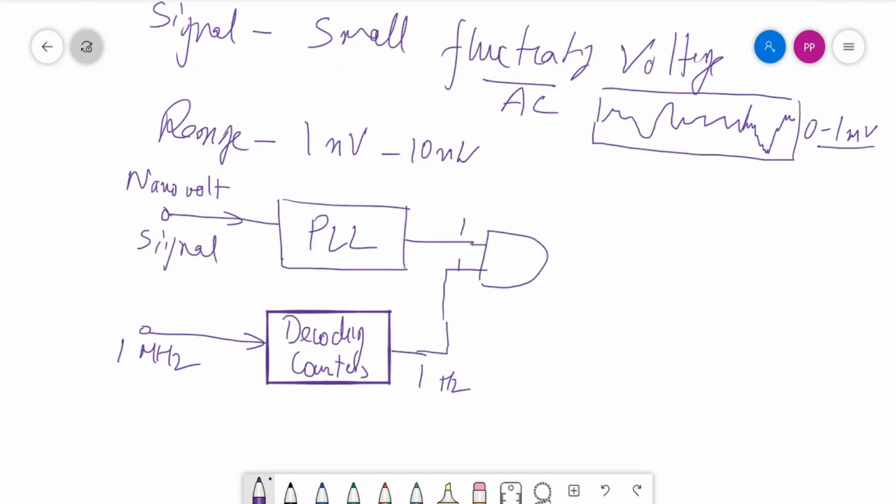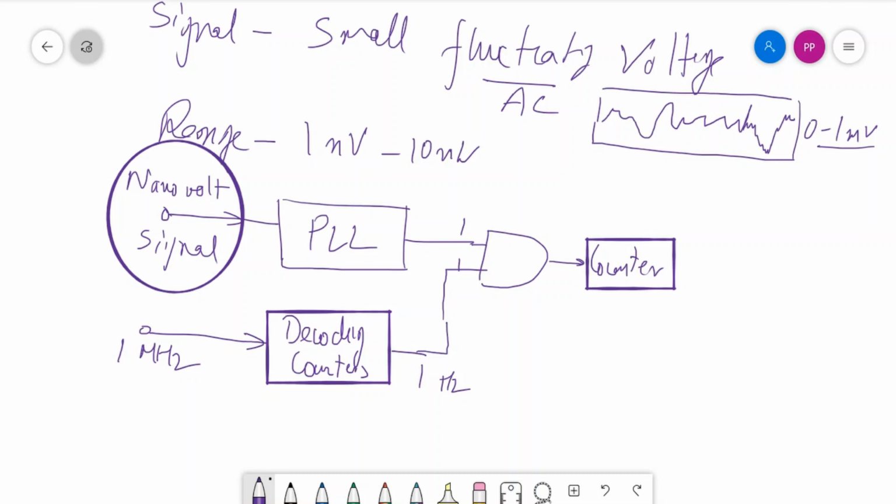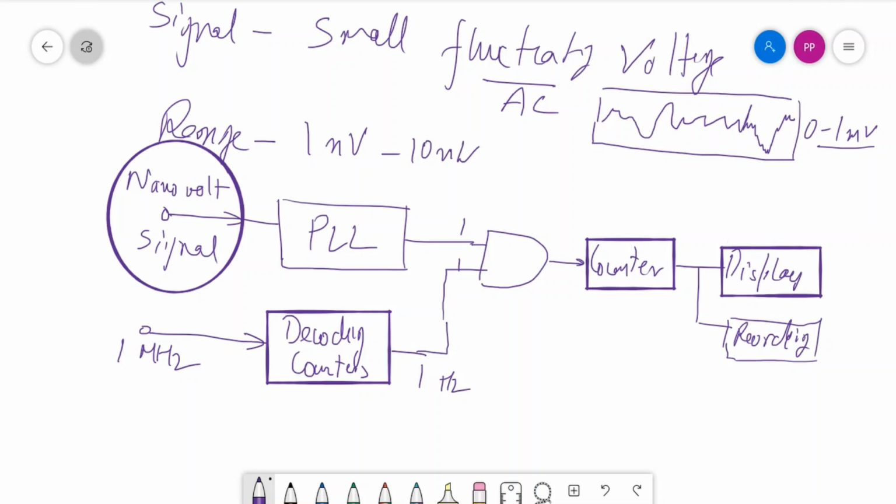Whenever both the outputs are 1, the output will be 1, and the counter will count all such outputs, which will reflect an equivalent voltage to the nanovolt signal input. So here you have the counter again, then the display, and the recorder. Recording is done over here.